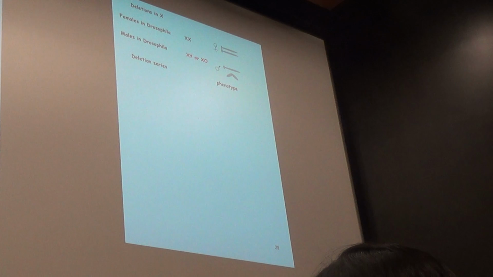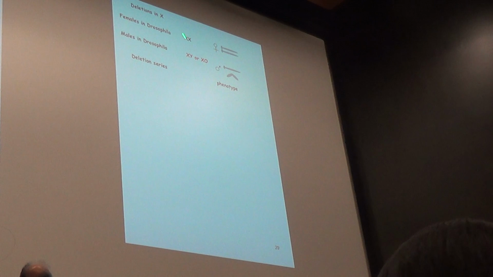Okay, and deletions are kind of interesting. And here is an example I'm going to give you. Females. Remember, in flies, if you have two X chromosomes, you're female. If you have one X chromosome, you're male. It's the number of X chromosomes that determines sex in flies. And so there is a classic series of deletions in flies. So if you are 2X, you're a female.